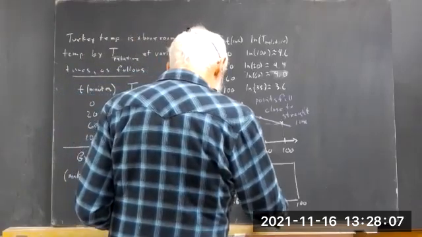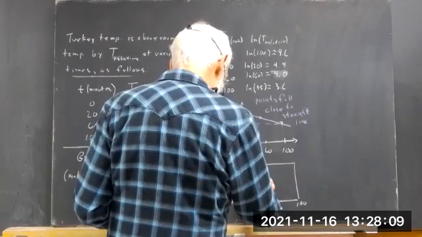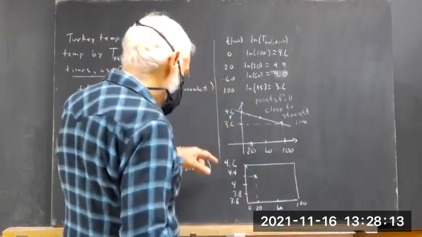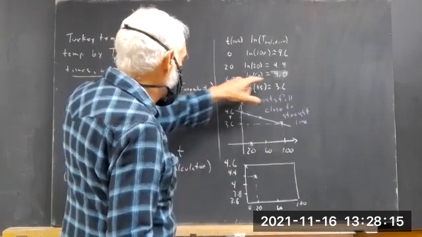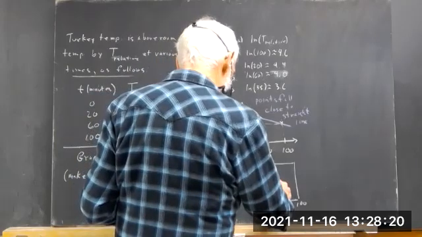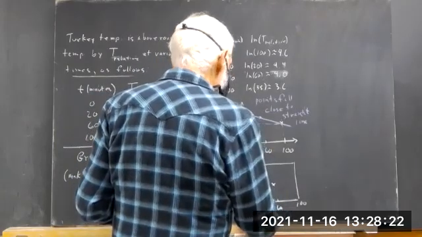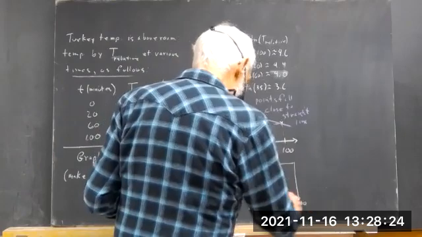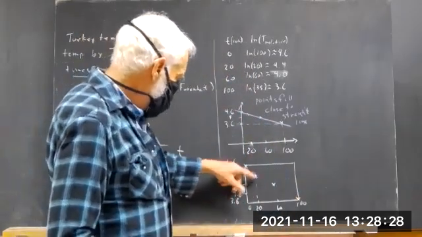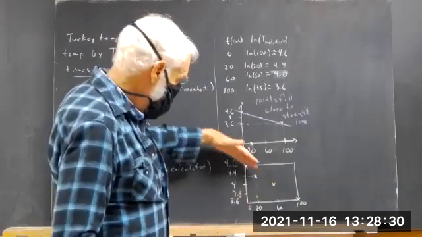Now, I'm doing this by hand, so nothing's going to be completely accurate. Here's a point. And then 60, 4.0, that would be out about here. And 3.6 at 100 would be down here at this point. Now we see that this point is a little low for a straight line.